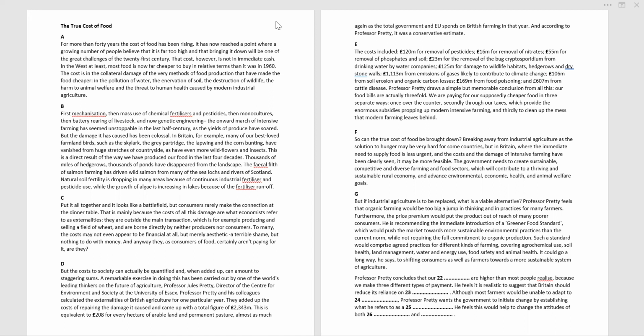I'll just be picking passages from the Cambridge series. Just a sec, almost there. So if you're performing well in these passages, that means you are halfway there already.